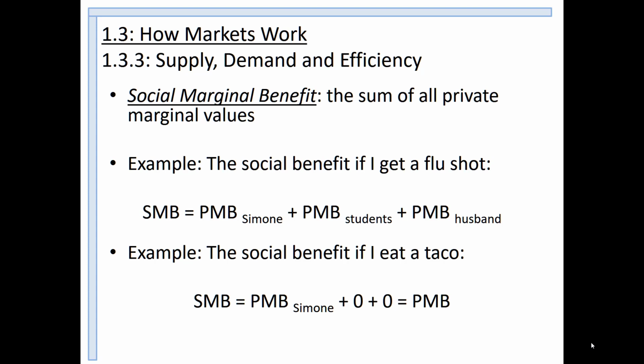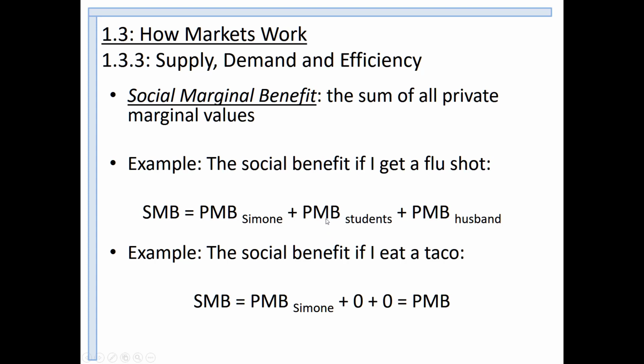Now, consider the social marginal benefit that everybody's going to get if I eat a taco. There's going to be my private marginal benefit of eating a taco, but you cannot enjoy the taco that I eat.